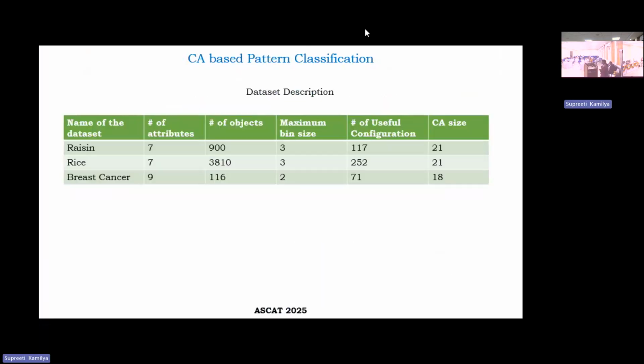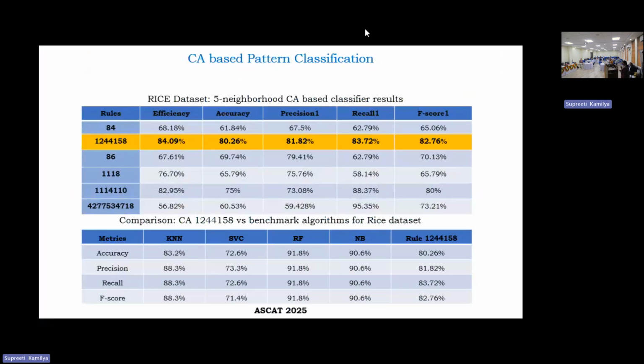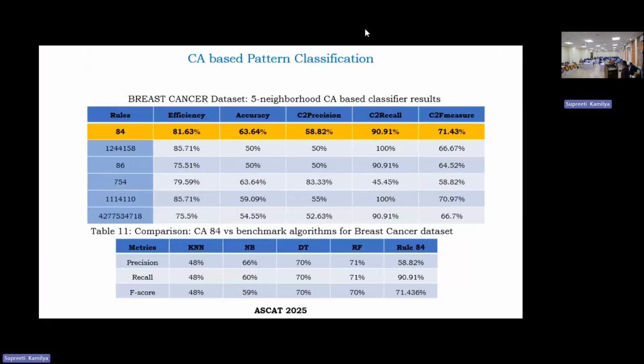Next result is for the rice data set. Here also you can see this one is the best, and the final one is breast cancer.